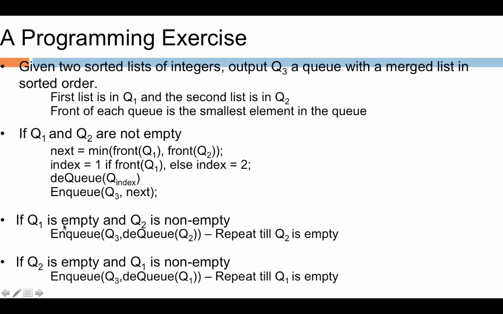Now if Q1 is empty and Q2 is non-empty, then you just dequeue from Q2 repeatedly and enqueue into Q3 till Q2 becomes empty. And if Q2 is empty and Q1 is non-empty, you repeatedly do the same thing by dequeuing from Q1 and entering it into Q3, and repeat it till Q1 is empty.